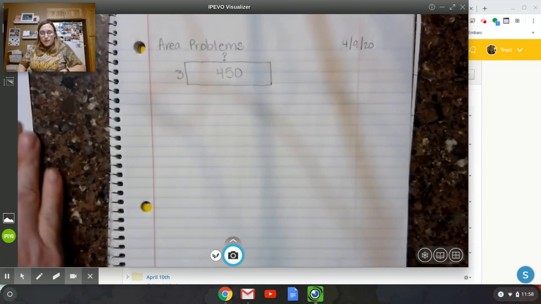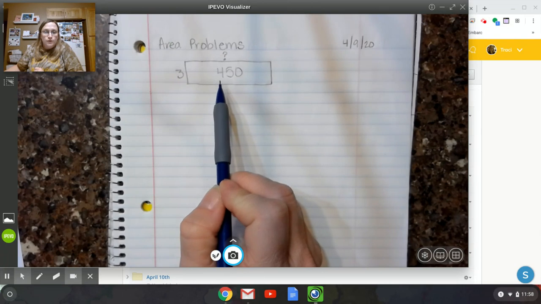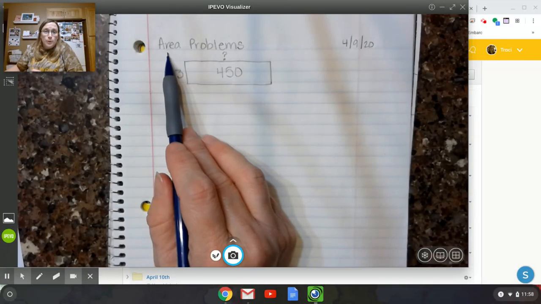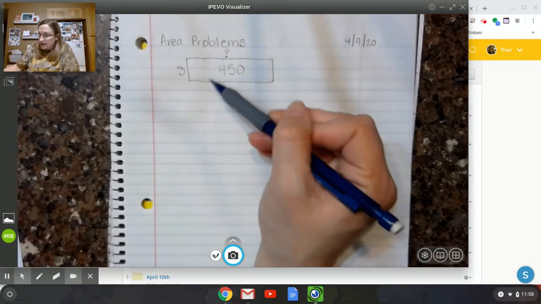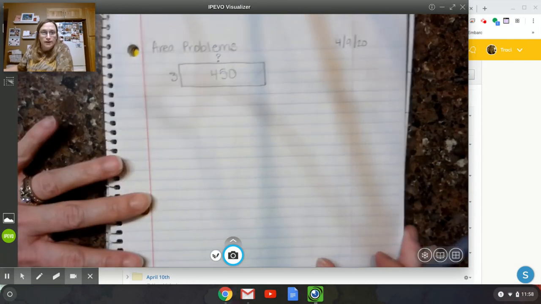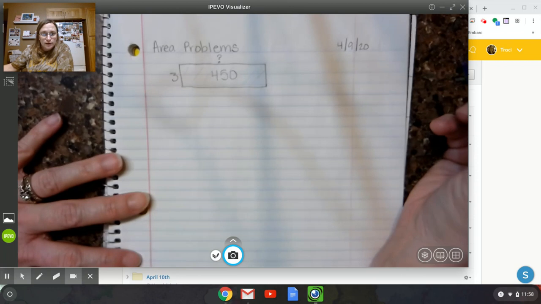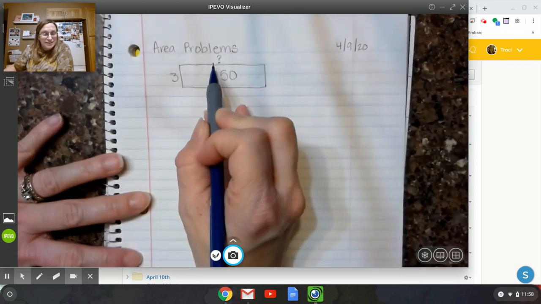So my problem here is that I have an area of a rectangle, and it equals 450. And this side of my rectangle is 3. Well, I need to stop and think, what do I know about area? The area is the distance inside that shape, how much area that shape covers. So normally we say rectangle area is length times width, but I don't know the length in this case.